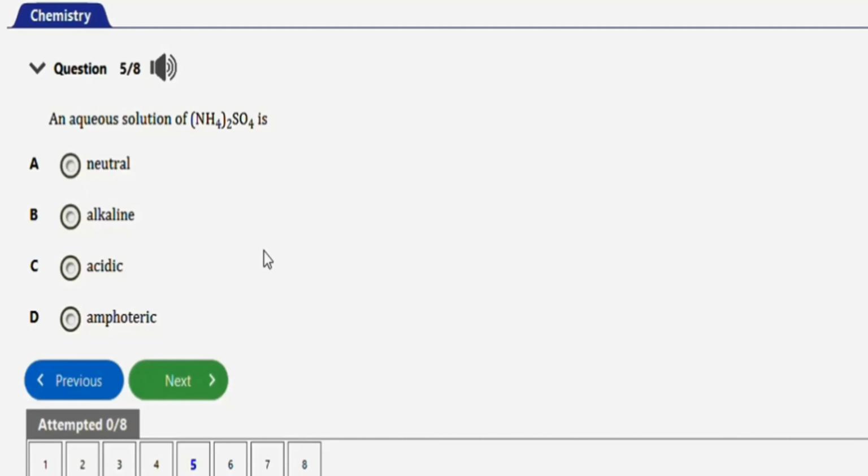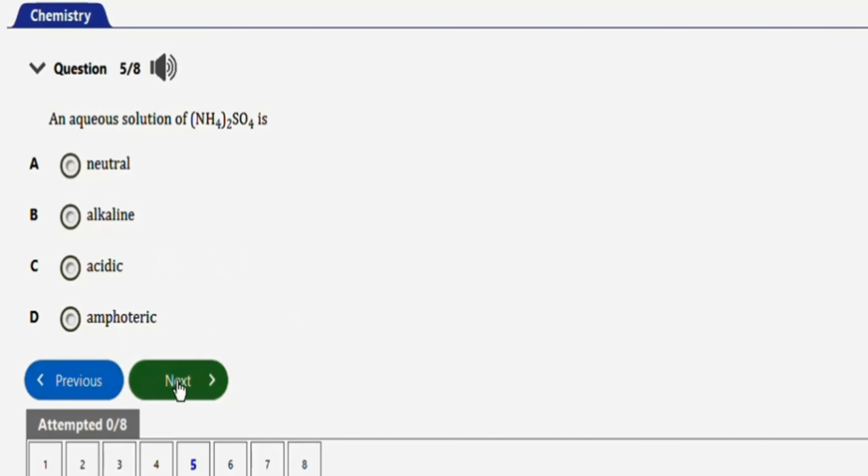When it dissolves in water, it will dissociate into ammonium ion and sulfate ion. So the right option will be option C, because when that dissociation happens, the ammonium will act as a weak acid. So the solution is acidic. So that's for this question.